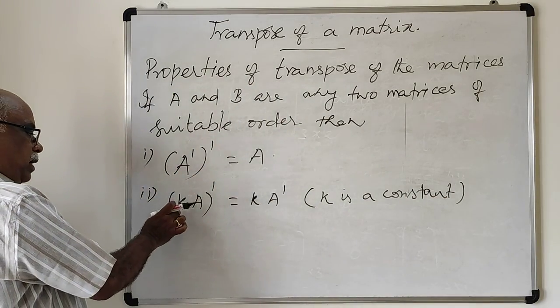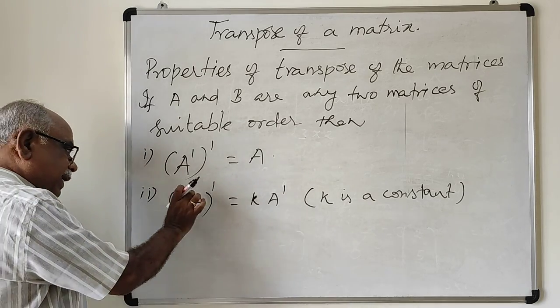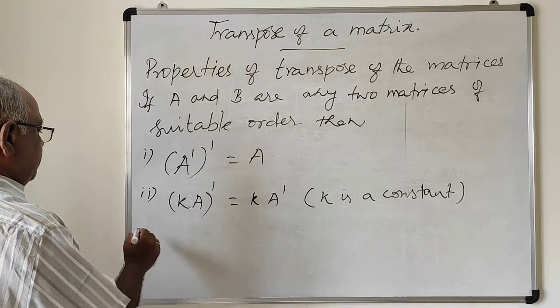Multiplying a matrix by the constant K and taking the transpose is the same as taking the transpose of A and multiplying by the constant.